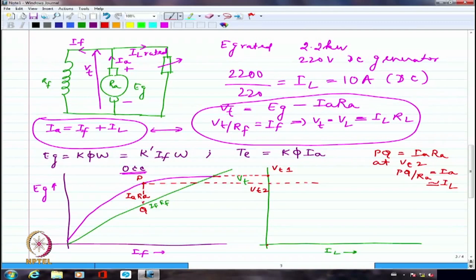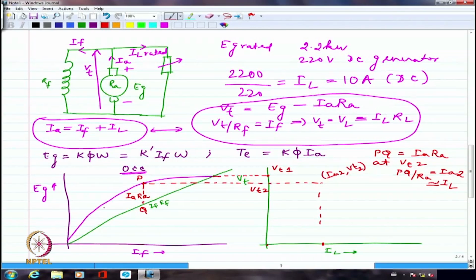For a 22 kilowatt generator, I will probably have hundreds of amperes through the armature, but only 1 or 2 amperes through the field, which I can afford to ignore at full load condition, for example. So roughly I am ignoring it, because of which I should be able to get, let me call this IA2. I have to look for where IA2 is, and this is one of the points corresponding to IA2 comma VT2.